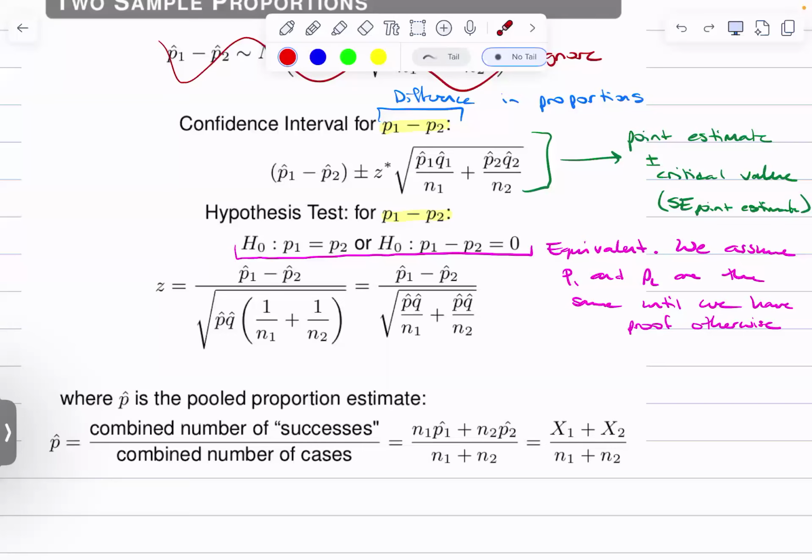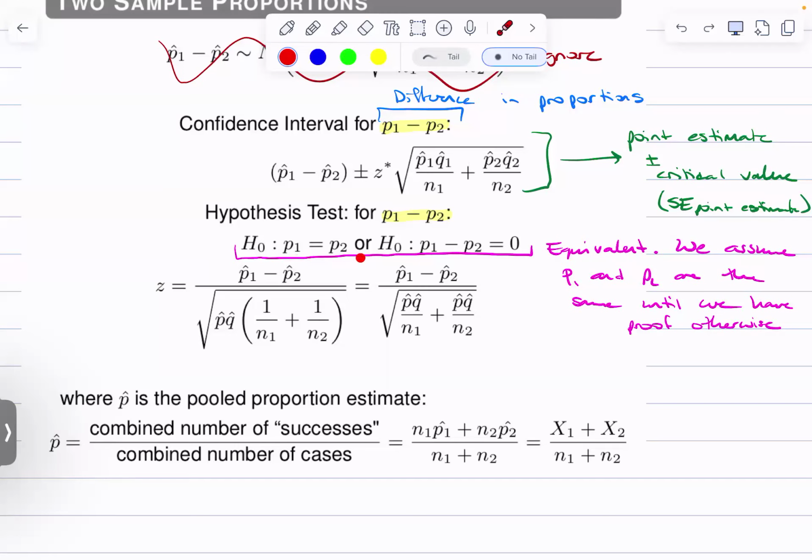And one thing that I will say is talking about P1 and P2 just generically like this is not helpful, right? Because if I want to know if there's a difference between the two, then I want to know what this 1 is representing and what this 2 is representing.